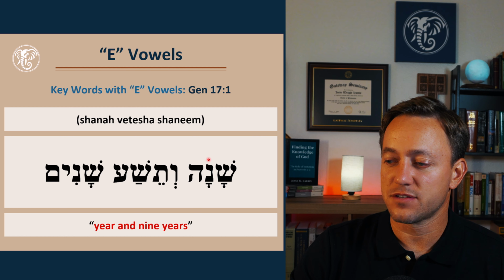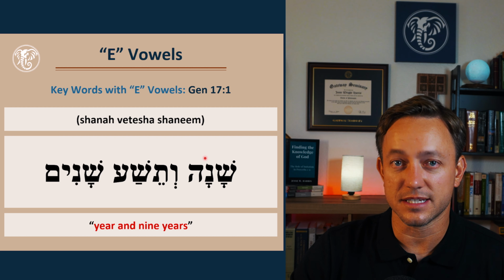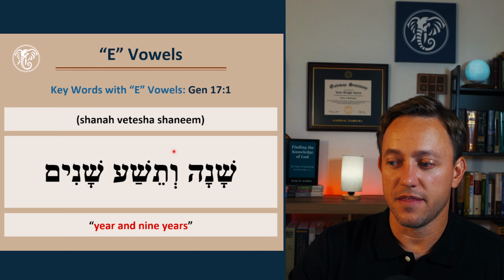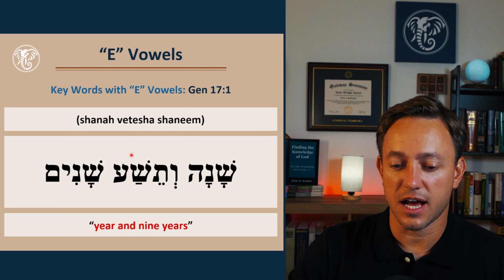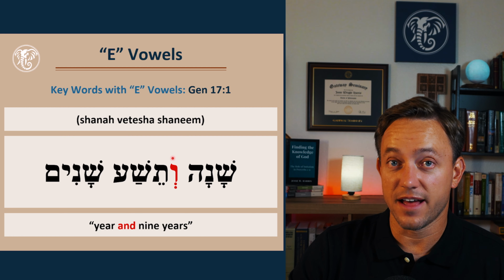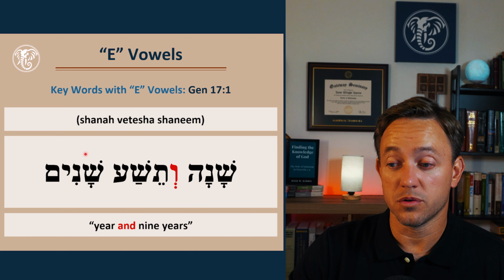All right, and then this finishes up here with that same phrase, shana, which means year. So he was a son of 90 years, and then tesha shanim. And again, we have tesha, which is our word for 9, and then shanim, so years.